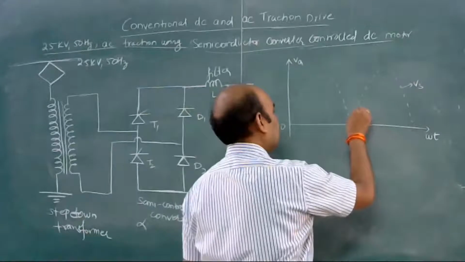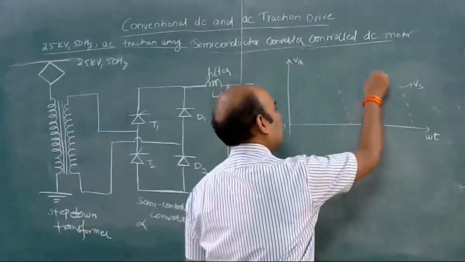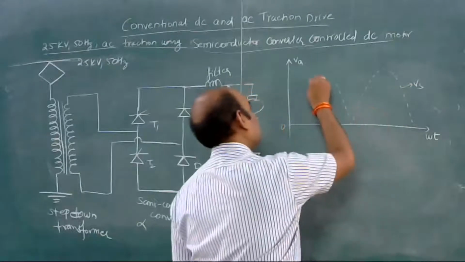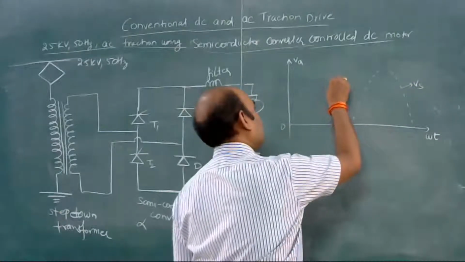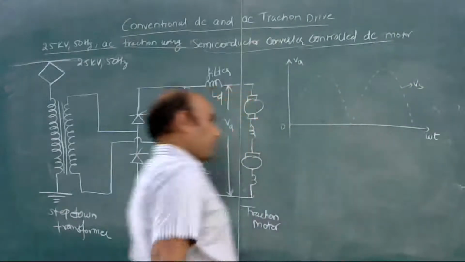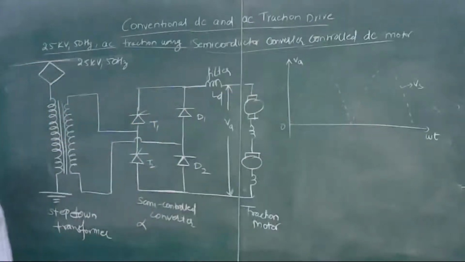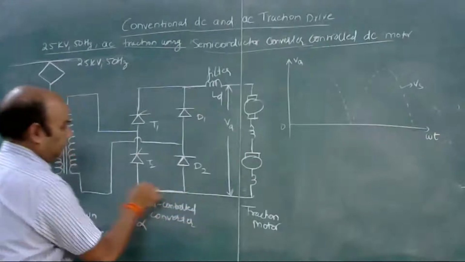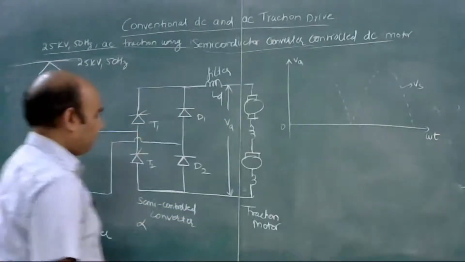You will get this type of waveform. And suppose we trigger these thyristors at alpha.